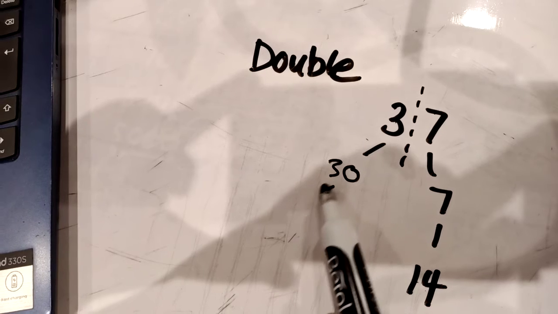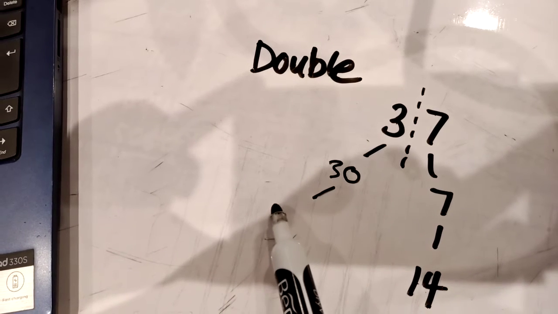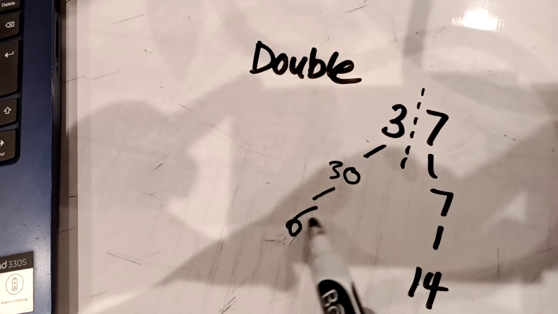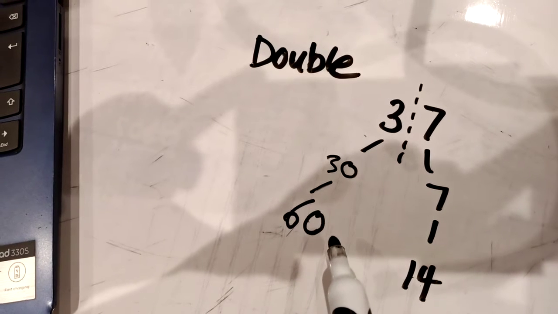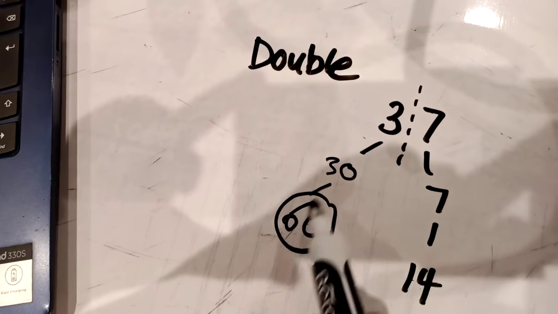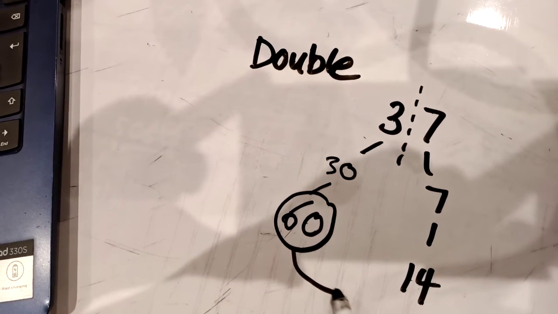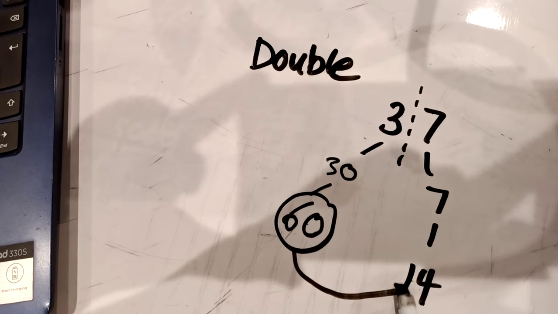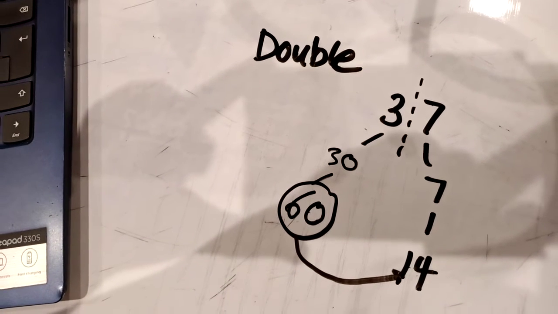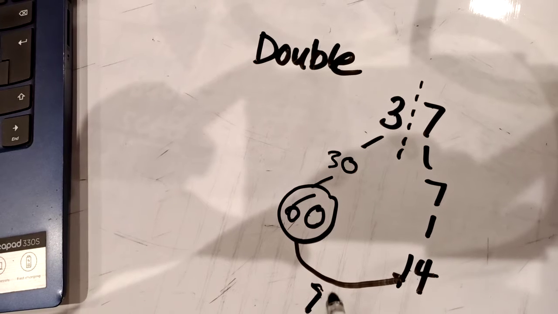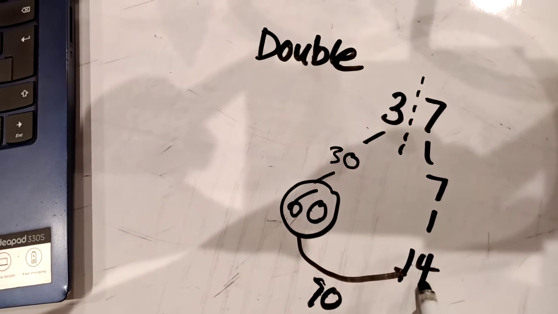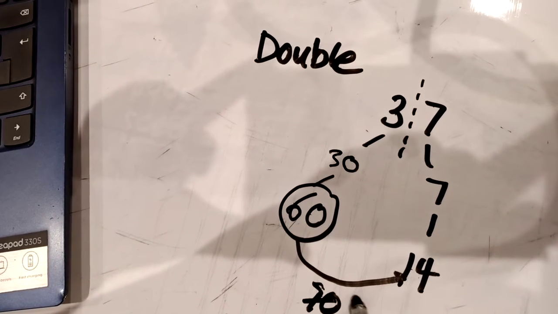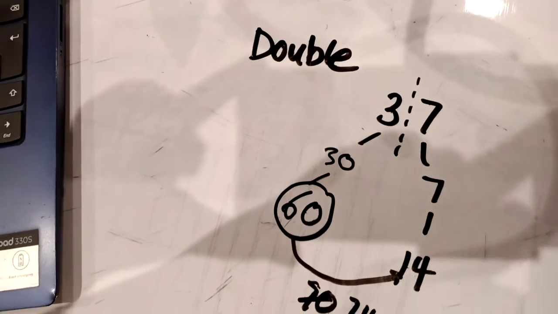And what's double 30? Double 30 is 60. So you see the 60. What's 60 add that 10? 60 add that 10 would be 70. But don't forget, you've still got to add the 4. So it would be 74. Okay, that's our strategy for doubling.